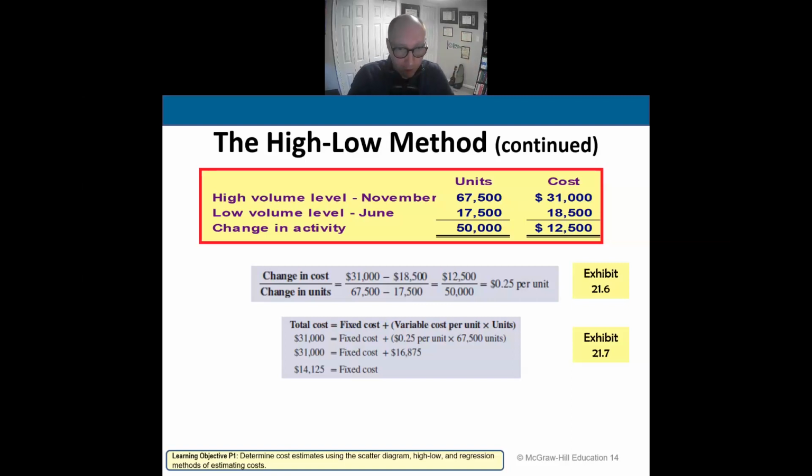Take total cost minus variable cost. 31,000 total cost minus variable cost 16,875 means that my fixed cost is 14,125.